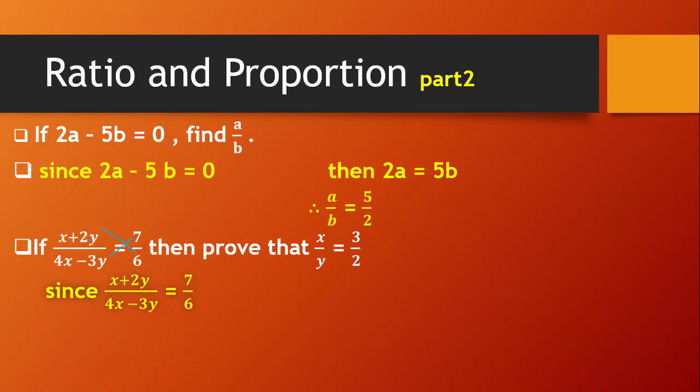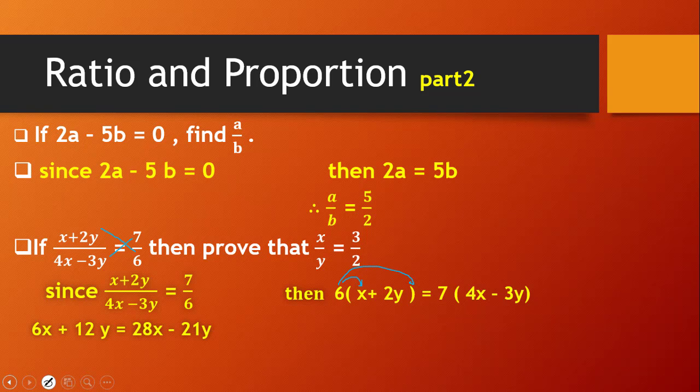In this case, 6 times x plus 2y equals 7 times 4x minus 3y. 6 times x, then 6 times 2y. So we have 6x plus 12y equals 7 times 4, 28x minus 21y.